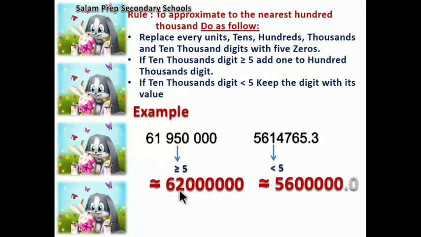We will write 2 in millions. And write 6 the same in 10 millions. So 61,950,000 is approximated to 62 million. Another example for you.